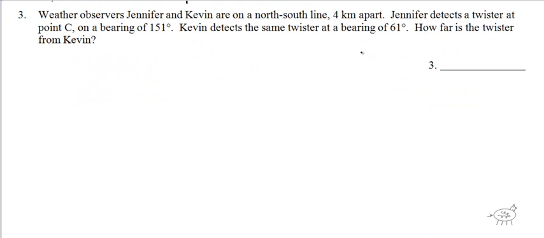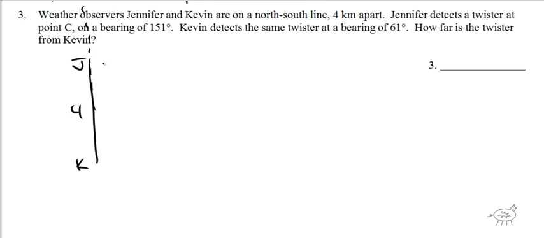Weather observers Jennifer and Kevin are on a north-south line. So if they're on a north-south line, you draw a north-south line. And this is Jennifer and Kevin. It says they're 4 kilometers apart. So 4. Jennifer detects a twister at point C on a bearing of 151. So really, I need a dotted line kind of through this.